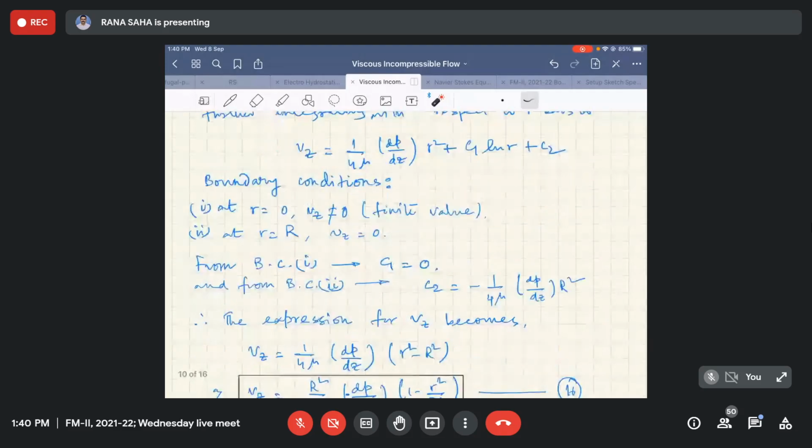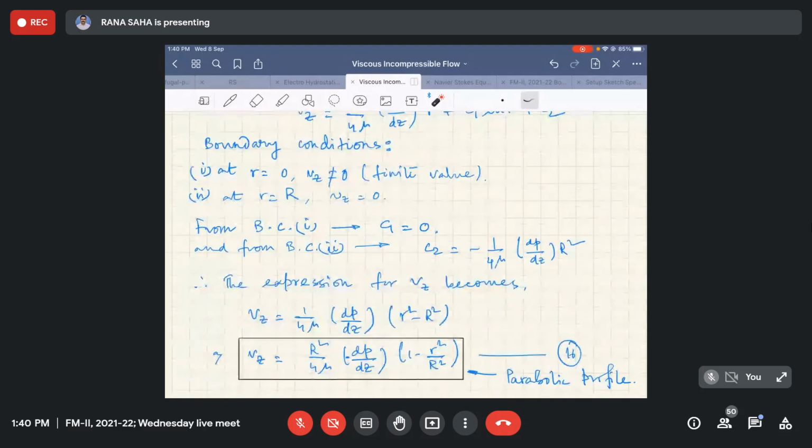Now, looking into this expression, Vz equals 1 by 4 mu dp/dz times r square minus capital R square, what should be the value of Vz max? If I want to find Vz max, I need to put r equals 0, isn't it? That will give me the maximum value.